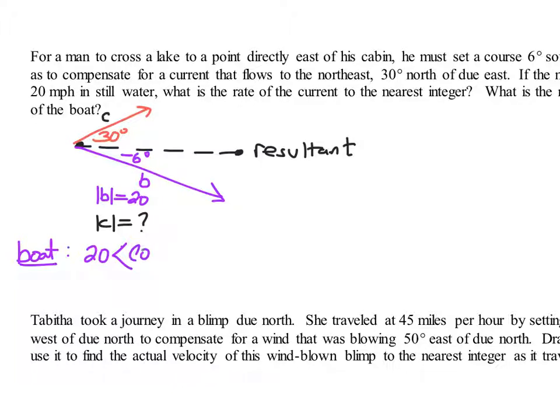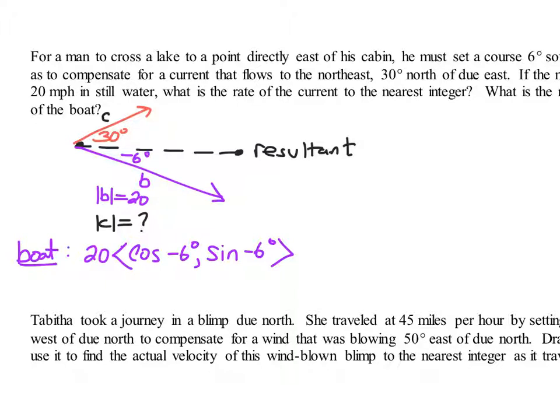So cosine of negative 6 degrees, comma, the sine of negative 6 degrees. Without the 20, we're talking unit vector, but by multiplying by its magnitude, we're scaling it up to also account for the speed of the boat. Or at least the speed that the boat is contributing to this whole fiasco. That's C with an absolute value around it.